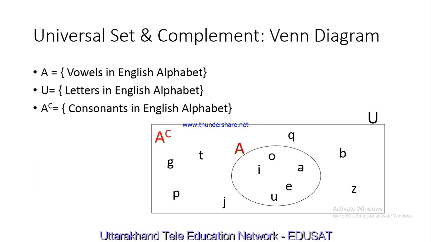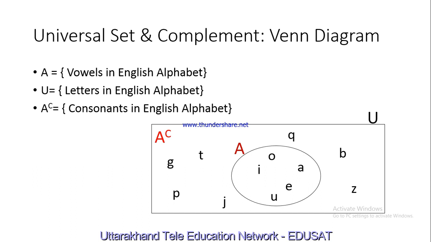We are denoting it using the notation A^C. I have just shown a few elements here, B, Q, Z, J, T, G, P. Though this space, which is outside the circle and inside the box, will have basically 21 consonants, starting with B, C, D, F, G, H, J, K, L, M, N, P, Q, and so on and so forth. So this is how you have to depict the universal set and its complement.